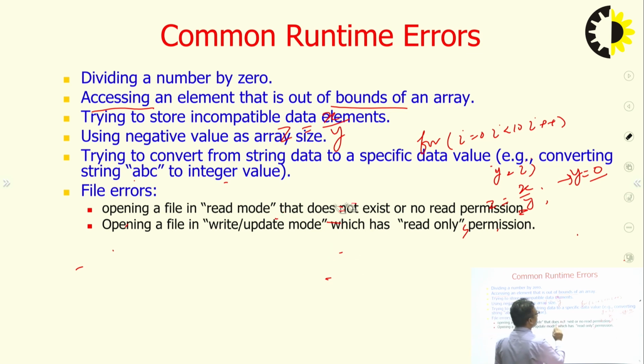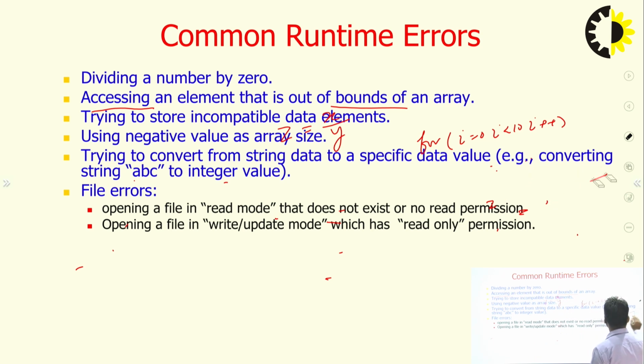In the same way, when you are talking about file errors, we have opening a file in read mode that doesn't exist or has no read permission. This kind of error comes at runtime. Or opening a file in write or update mode which has read only permission. Again one kind of situation can occur.